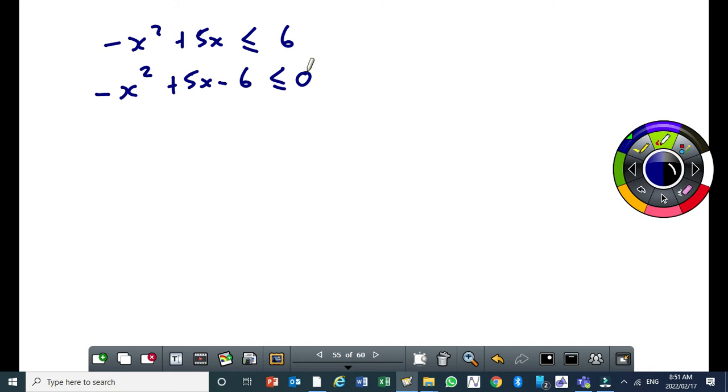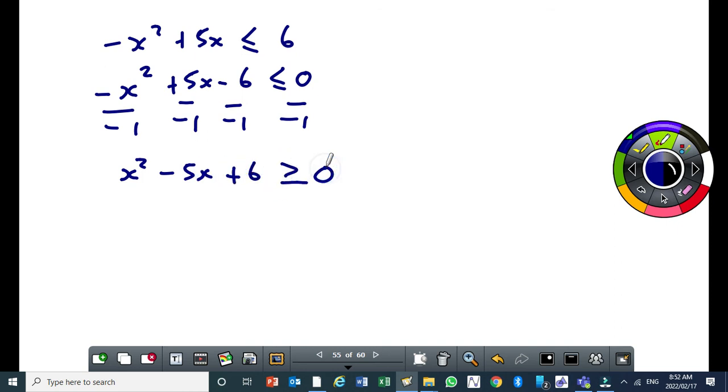Then the next thing, it's always better to work with the quadratic inequality in such a way that the coefficient of the x squared term is positive. So if I divide each term by minus 1, the sign will change. So you end up having x squared minus 5x plus 6 is greater than or equal to 0.